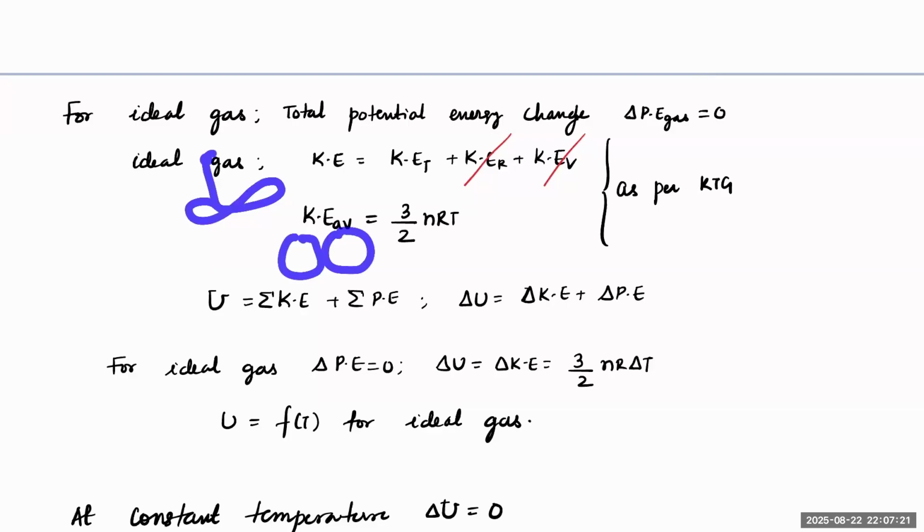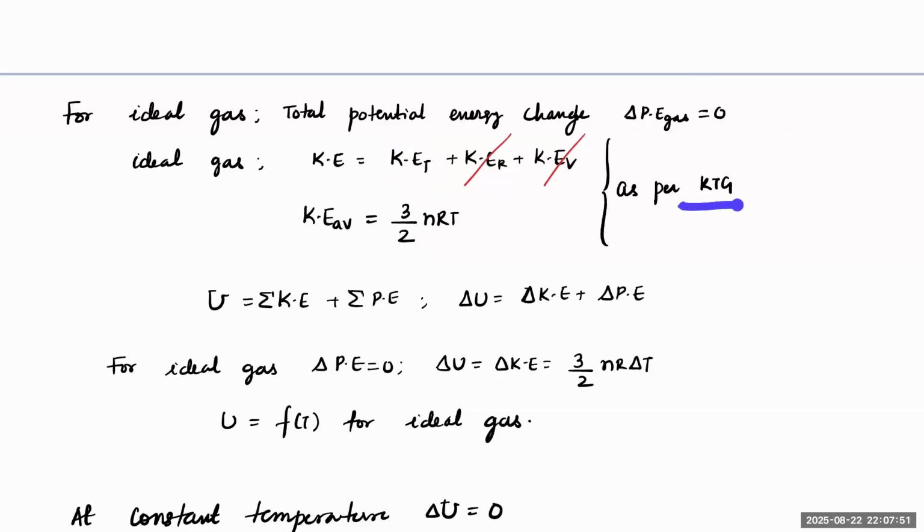We are assuming it is just a point, right? If you have just a point of extremely small size, can we attribute anything to the rotation? No. Can we say vibrational kinetic energy is applicable to it? No. So the only form of energy that is applicable for point masses is translational energy.